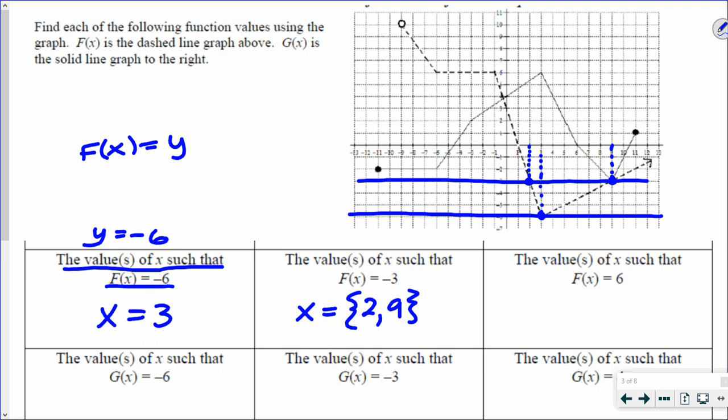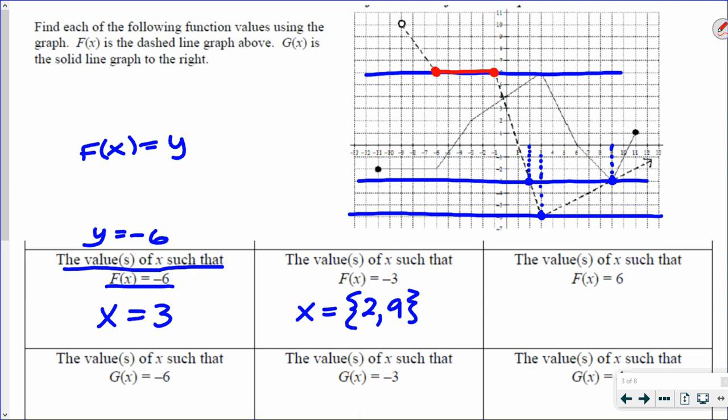All right, next example, the values of x such that f of x equals 6. All right, so this is kind of interesting because notice, this dashed graph is horizontal. And so if I did the same thing and I drew a horizontal line through 6 on the y-axis, that intersection is going to happen at more than just single points or single values of x.